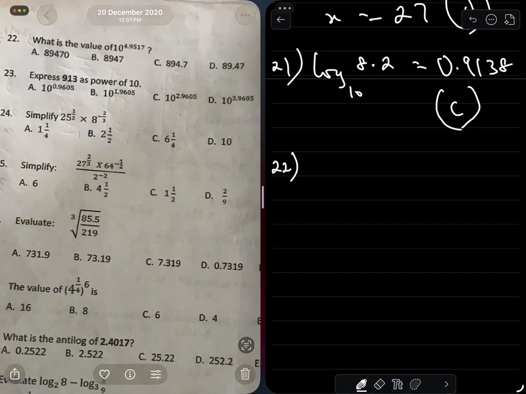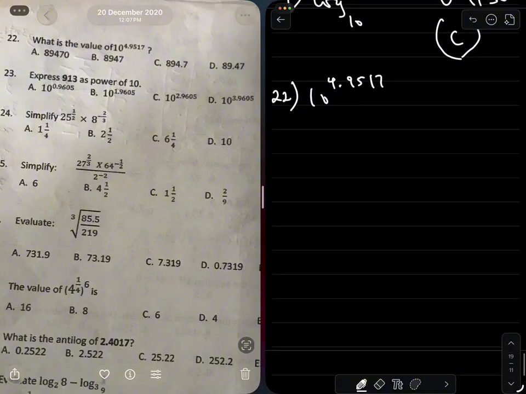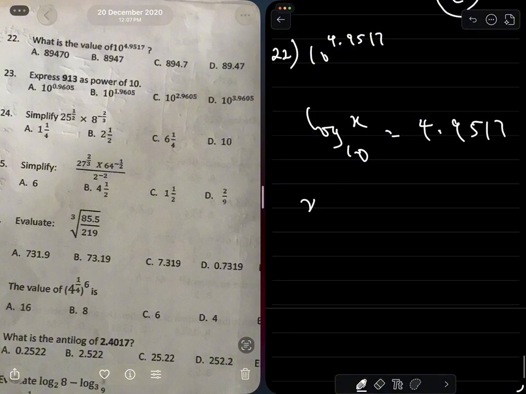What is the value of 10 raised to power 4.9517? Now look at that. This one simply means, if we find the logarithm of a number, log x base 10 equals 4.9517, that means x itself will be what? 10 raised to power 4.9517.